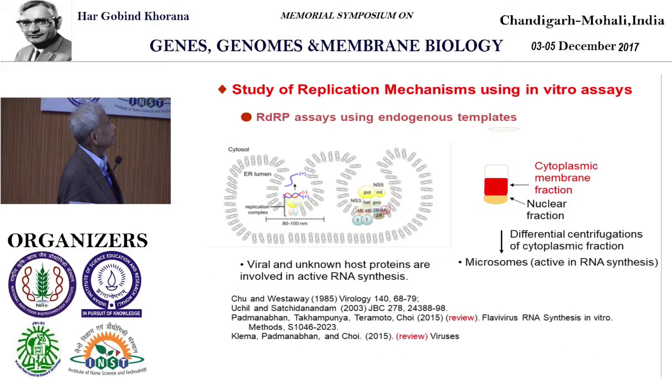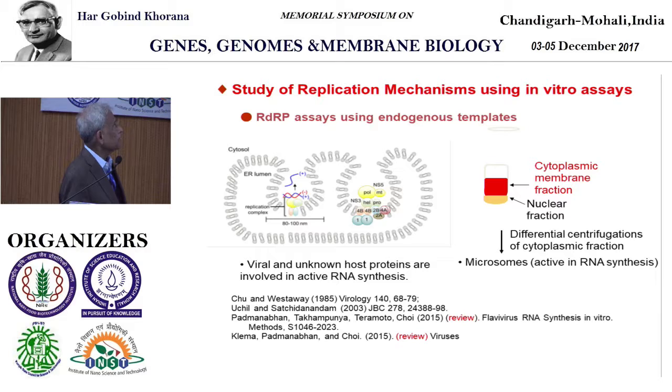So this is to study the mechanism of viral replication of RNA using in vitro assays. The first to establish an in vitro system using the membrane-bound replicase complex used another flavivirus, Kunjin virus, to infect mammalian cells, Vero as well as BHK.